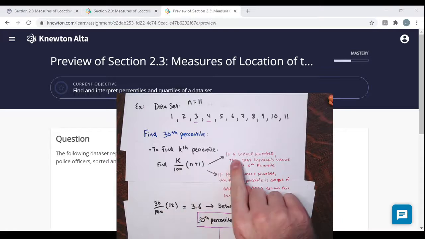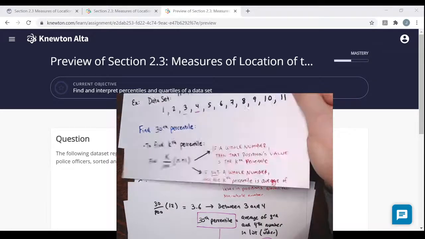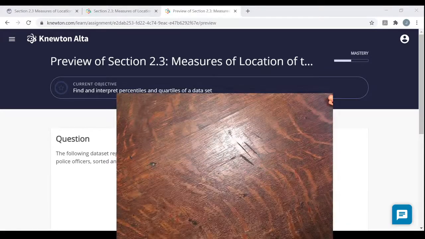If it's a whole number, great, just go to that position when you rank the data in order from least to greatest. If it's not a whole number, as we've seen, you go to the two positions around it and take the average.